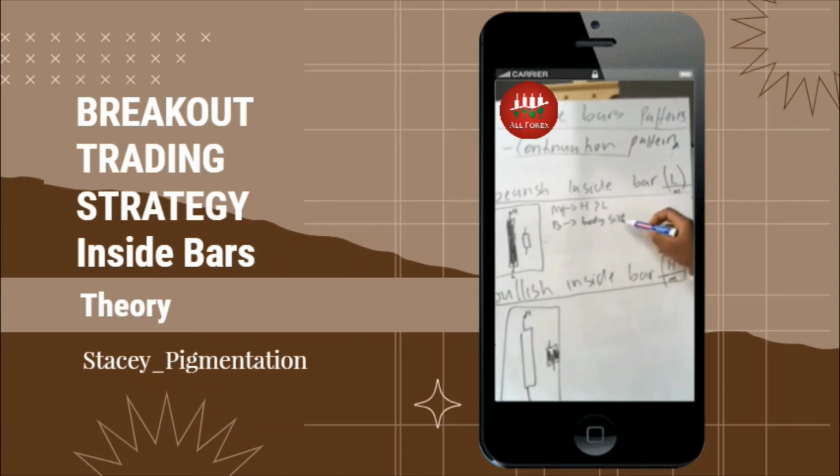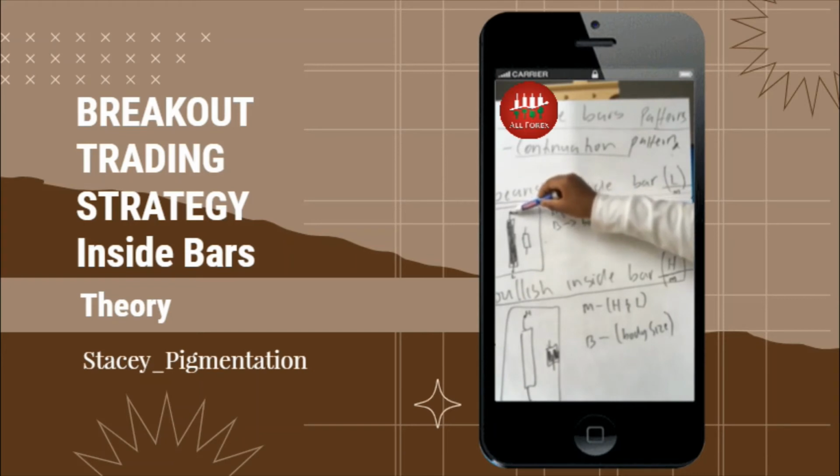So for you to say this is an inside bar, the body size of the baby bar should be within the height of the high and the low of the mother bar.